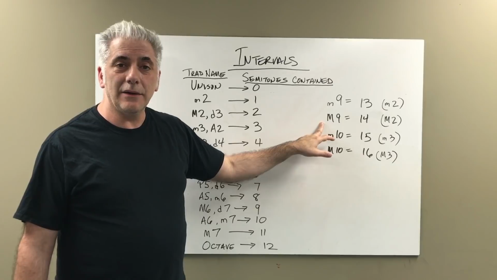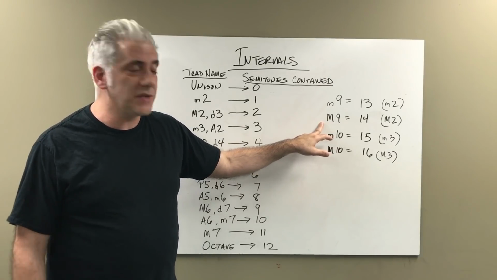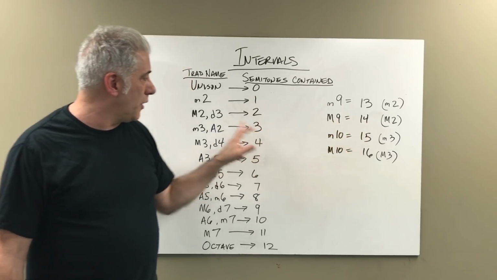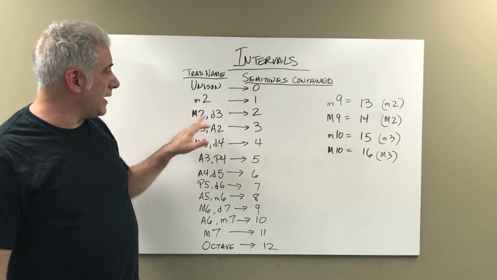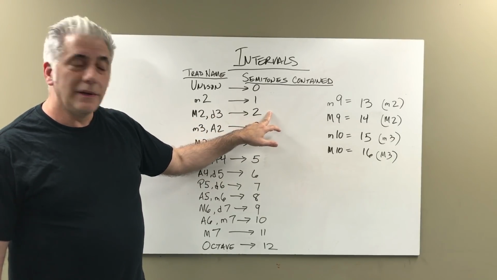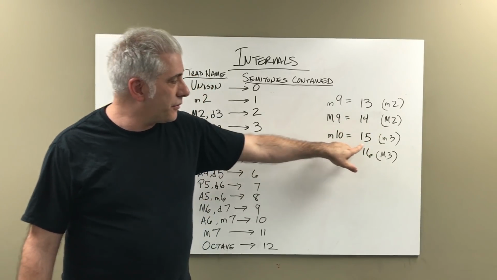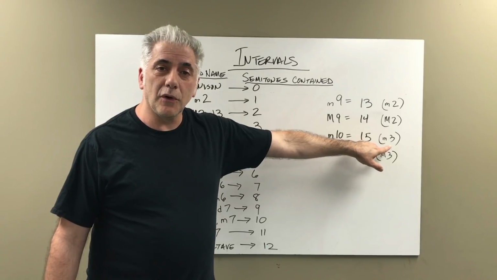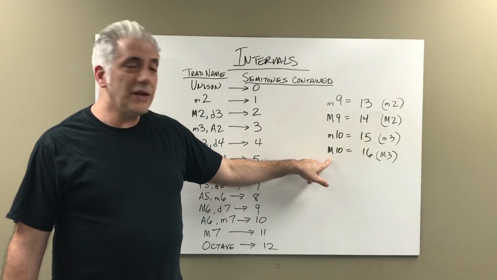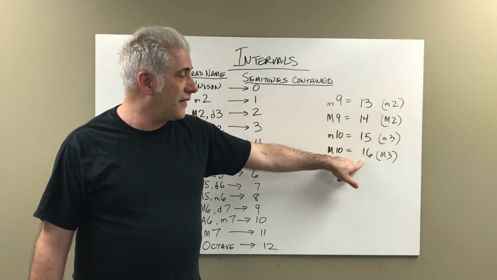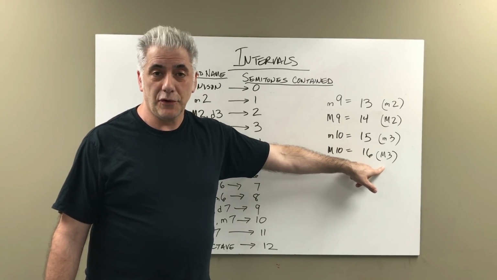The major 9th, which is a compound major second, is 14 half steps. Or you take the major second, which is a 2, add 12 to it, and you get 14. Minor 10th is 15 half steps, or a compound minor third. The major 10th is 16 half steps, or a compound major third.